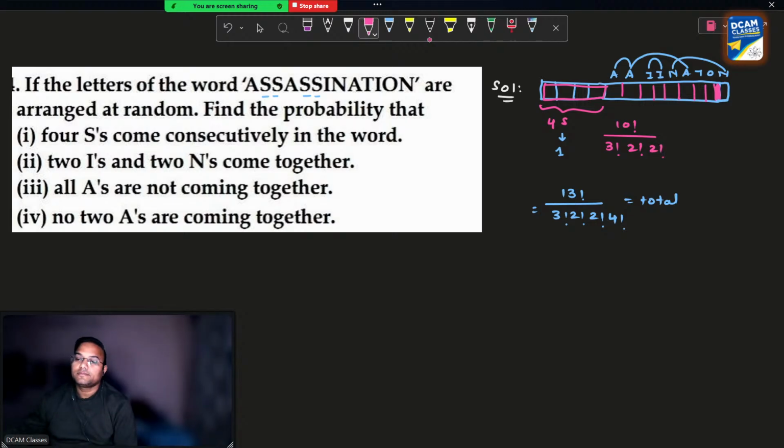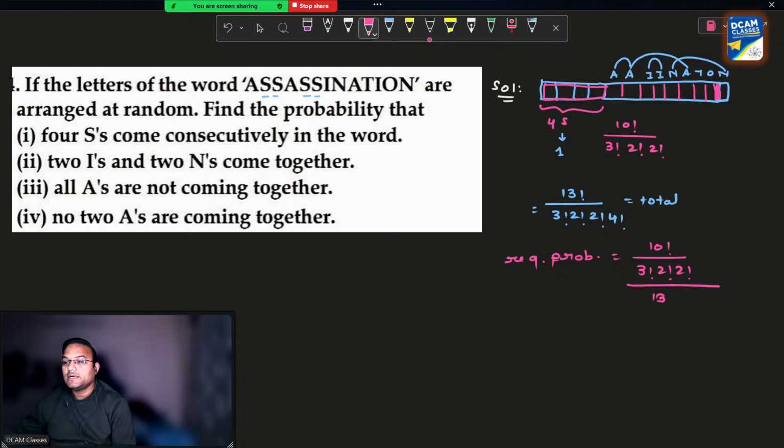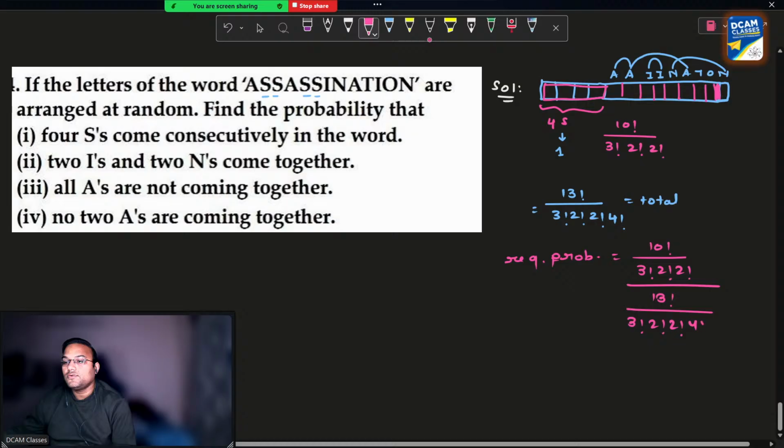So the required probability, that the S's come consecutively in the word, will be 10 factorial by 3 factorial, 2 factorial, 2 factorial, divided by 13 factorial by 3 factorial, 2 factorial, 2 factorial into 4 factorial. This will get cancelled. 10 factorial by 13 factorial into 4 factorial.